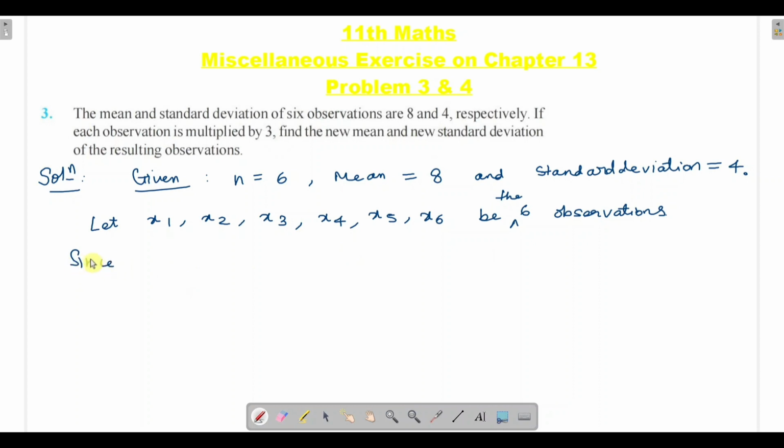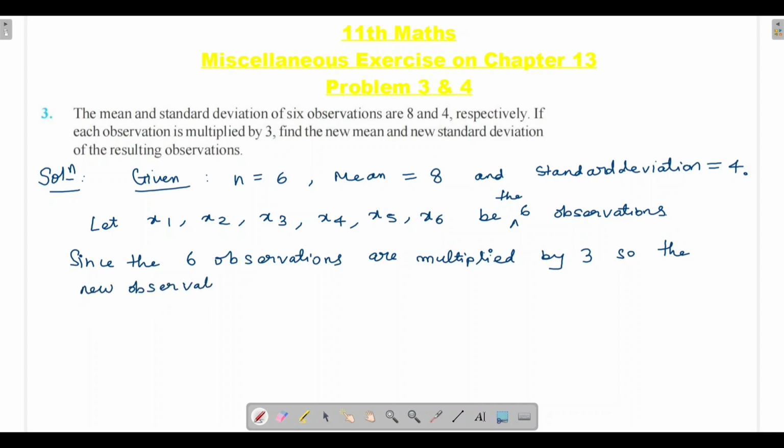Since the 6 observations are multiplied by 3, the new observations are 3x1, 3x2, 3x3, 3x4, 3x5, 3x6.